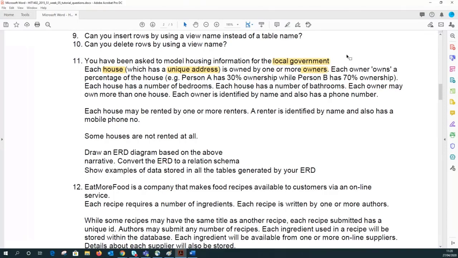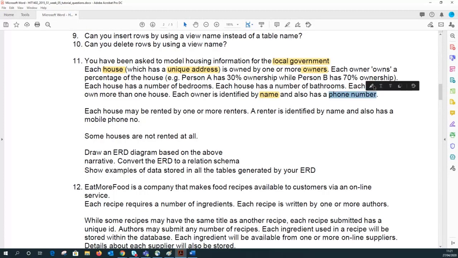What kind of entity is the owner, strong or weak? In the last sentence of the first paragraph, it says each owner is identified by the name and also has the phone number.